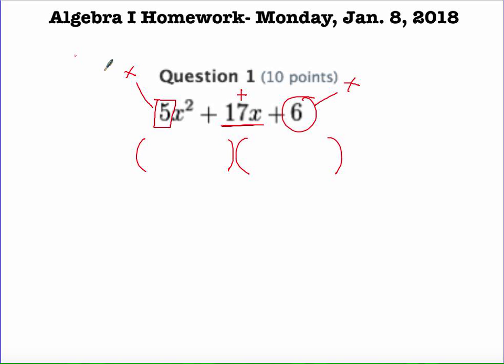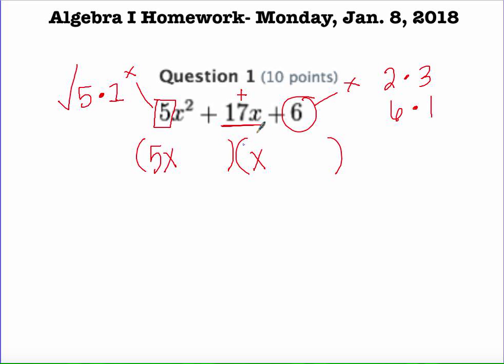Factors for 5: well, 5 is prime, so my only options are 5 and 1. For 6, I've got 2 times 3 or 6 times 1. So I'm going to have a 5x and a 1x at the beginning, and now I have to try these two combinations for the other piece.